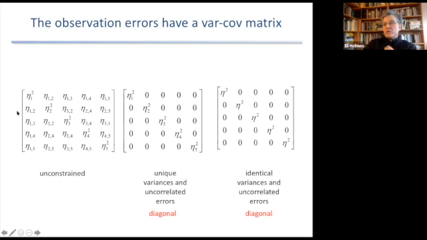So going back to these 2, this is just one example of how I might structure it. But I don't have to say they're all different. I could say that I want these 2 to have the same variance, these 2 to have the same variance, and that one to be different. So I can structure that however I want.